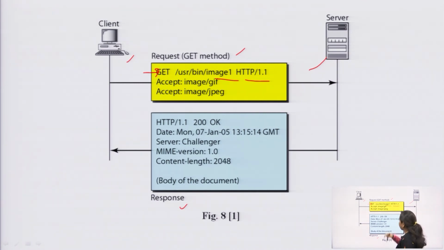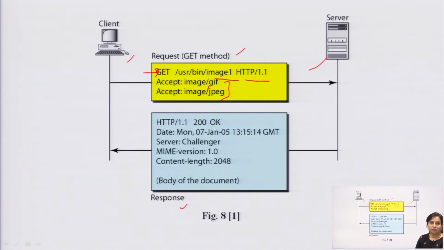It is going to accept two formats, GIF and JPEG. If in the numerical it is not mentioned which format you want to access, then there is no requirement to write these two lines, and it is going to accept any of the image formats.